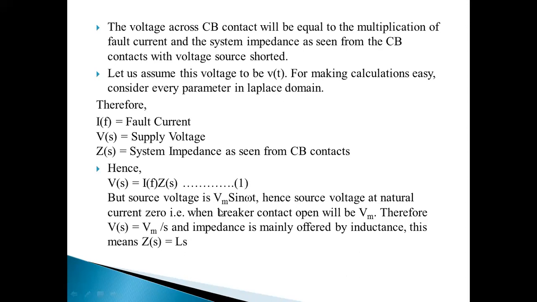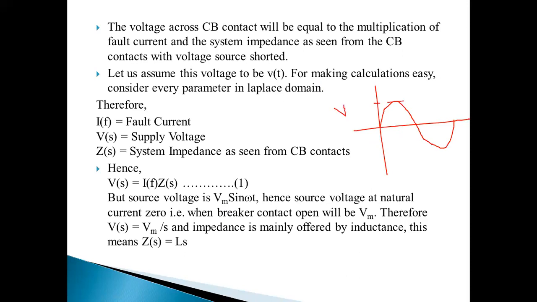Now, source voltage is Vm sine omega t, right? When we are considering the natural current is zero, this is the source voltage Vm sine omega t.